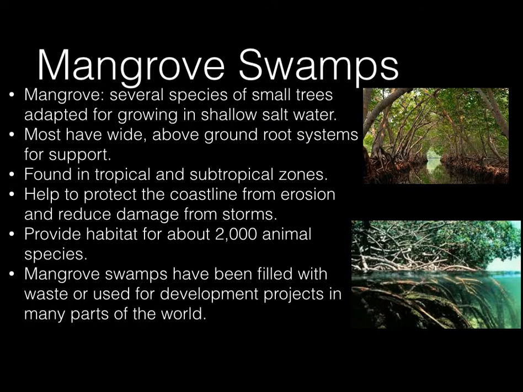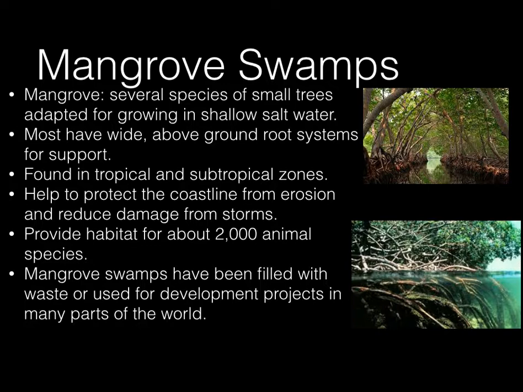So, mangrove swamps. You can remember these different areas from our vocabulary video. Mangroves are basically several species of small trees whose root systems are above ground and shallow in the water system.